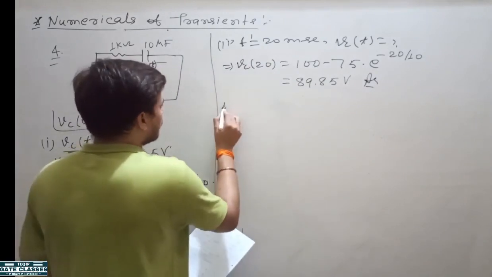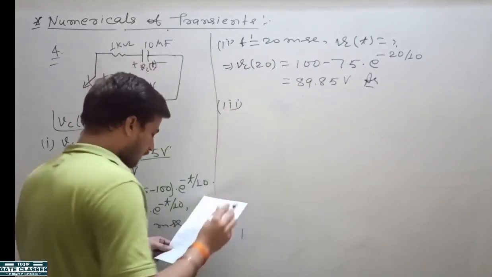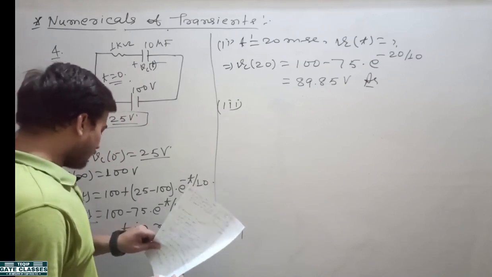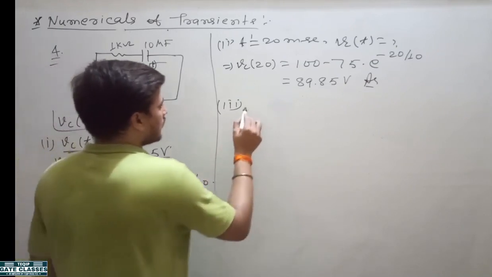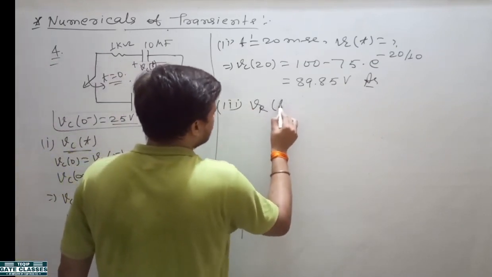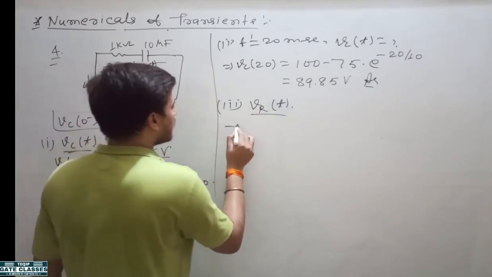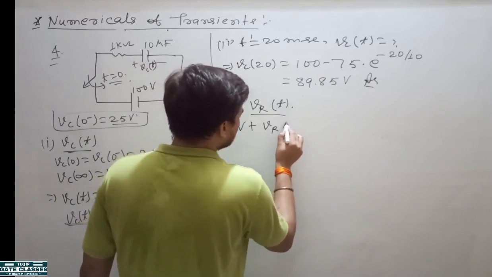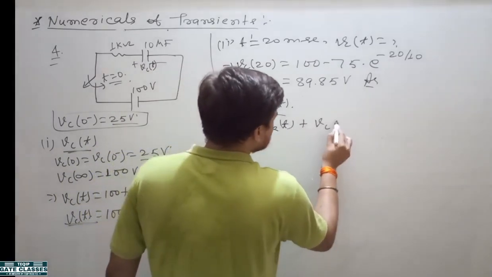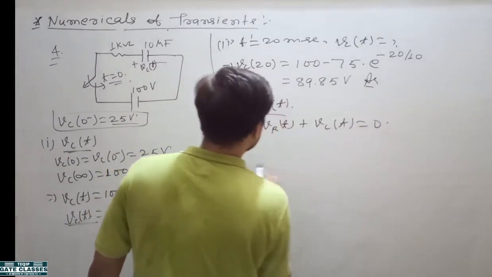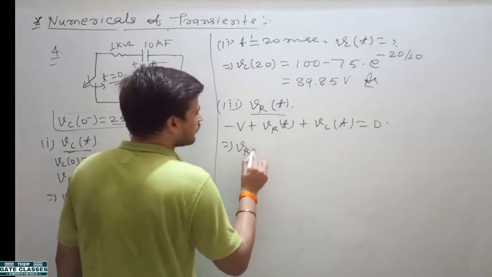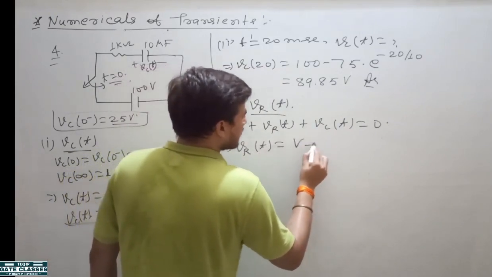Come to the third question. In the third question, they are saying we have to write the expression for VR(t). Again, the expression for VR(t) will be how much? You will write minus V plus VR(t) plus VC(t) equal to 0. From here VR(t) will be V minus VC(t).